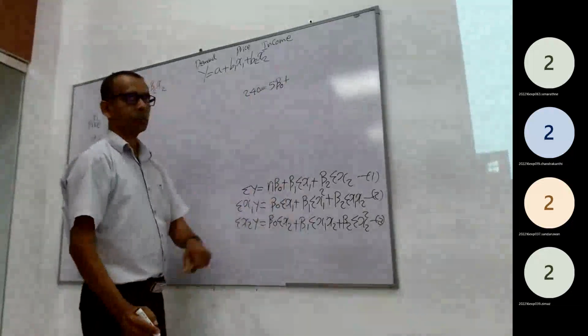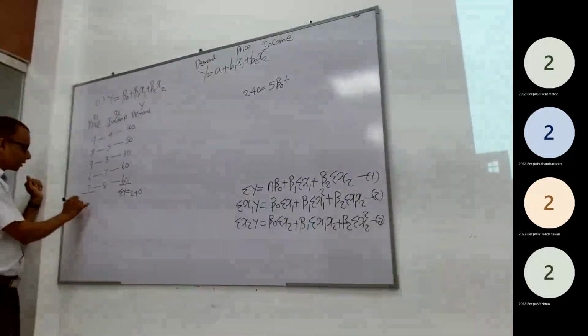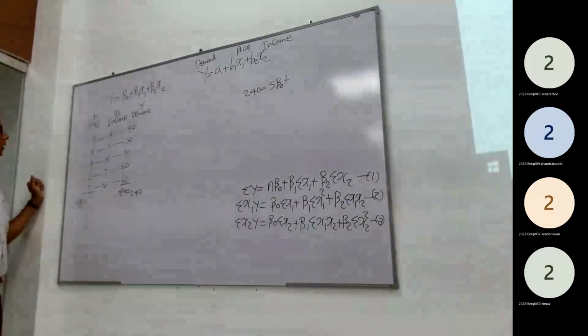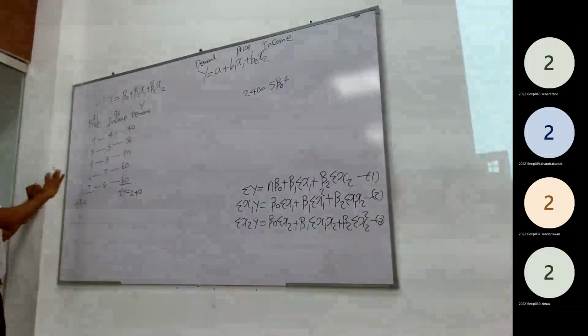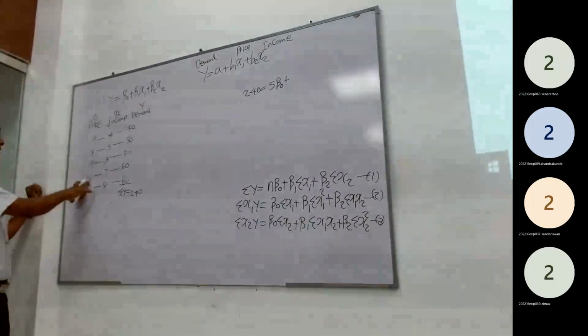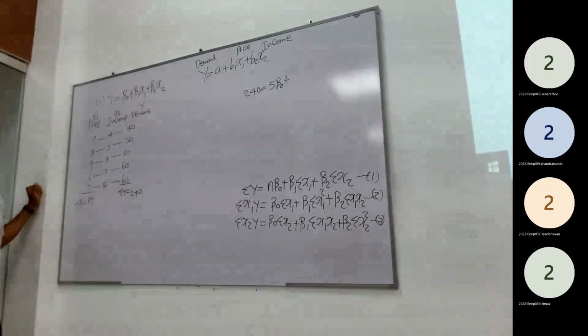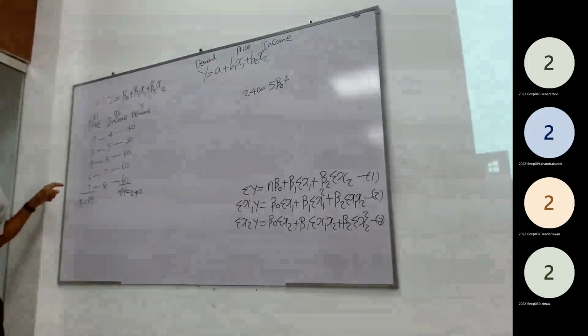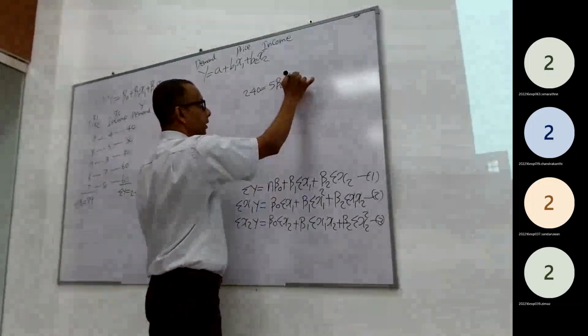Now sigma x1, the summation of this column, is 39 beta 1.